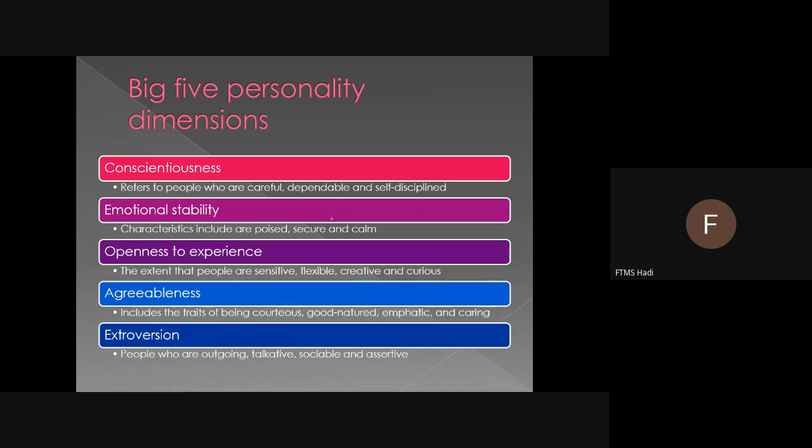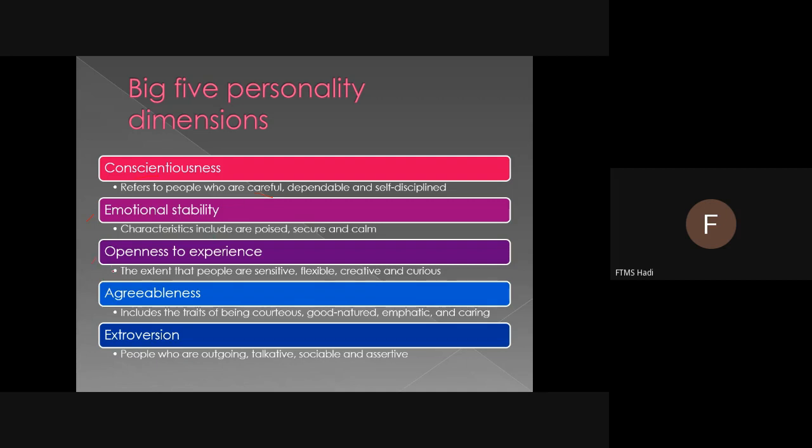Okay, this is an extra reading. Five personality dimensions. Conscientiousness: people who are careful, dependable. The word conscientious means extra careful and cautious, because some people are quite reserved. Reserved means that they are careful of what they are doing. Emotional stability, because they need to stabilize the emotion. Cannot be too emotional, cannot be sad all the time, or happy all the time.